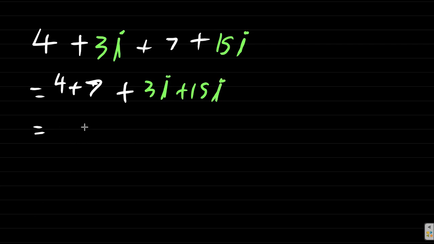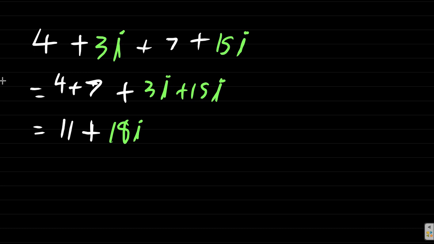So what would we get? And remember, whether I tell you or not, you should pause the video and try these for yourself, right? 4 and 7 is 11. 11 plus 15 and 3, 18, so it's 18i. So the imaginary part here is 18i. So you see that?